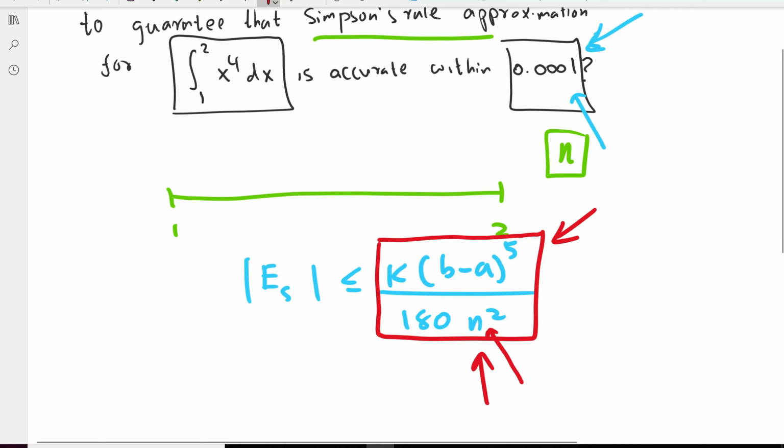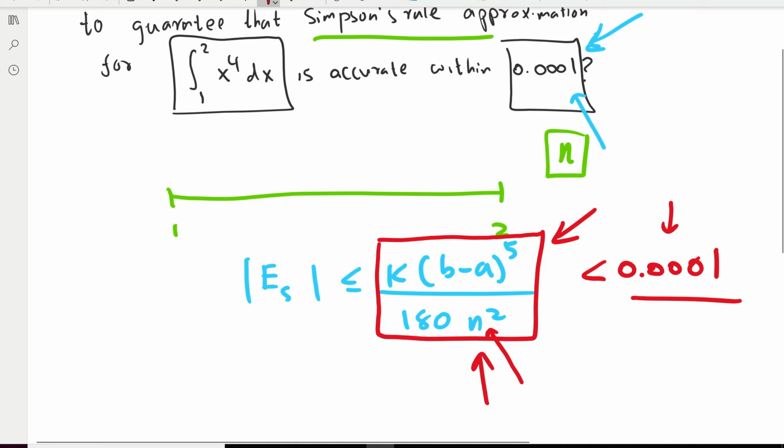So if my largest error is strictly less than 0.0001, then my real error is definitely going to be less than this amount, right?